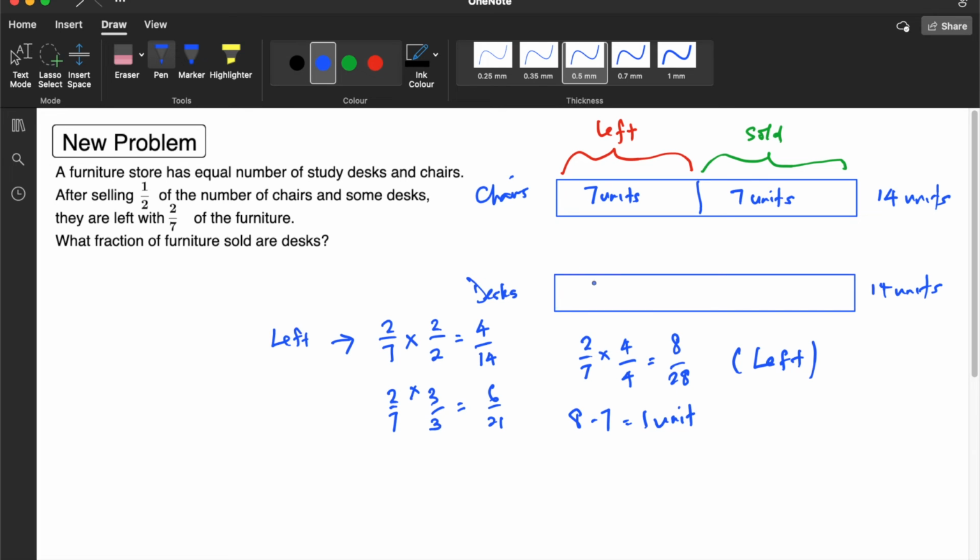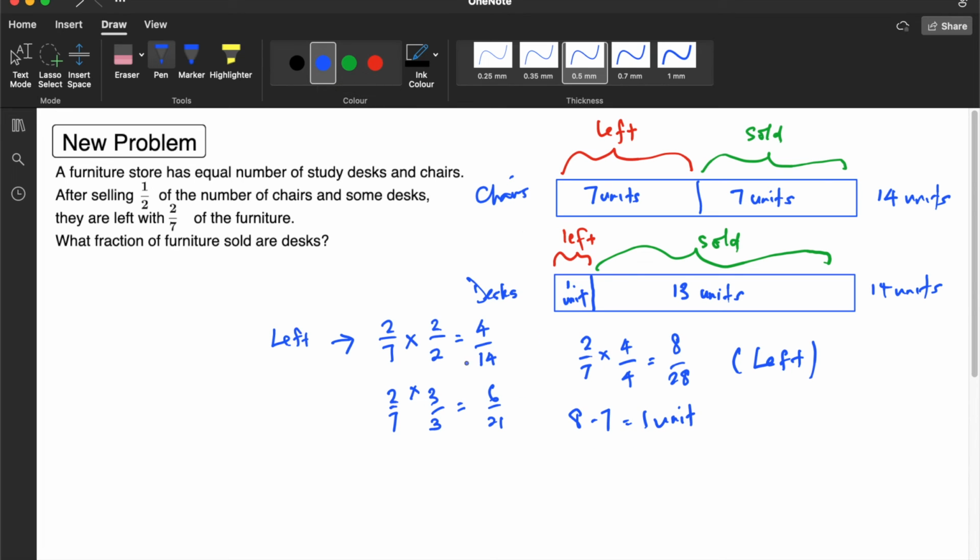So for the desks, the model will have to be drawn like this, and this part is only 1 unit, and of course the remainder will be 14 minus 1, or 13 units. Again I will label this part as the sold, and this small part as the left.